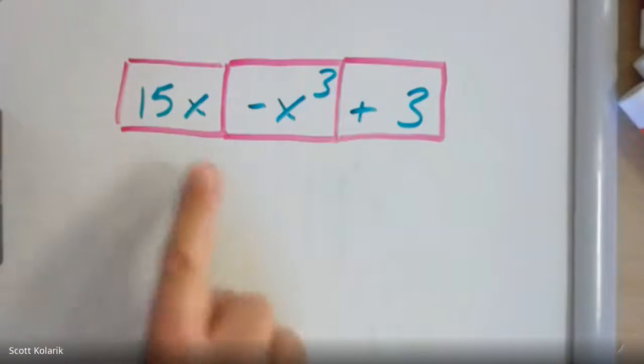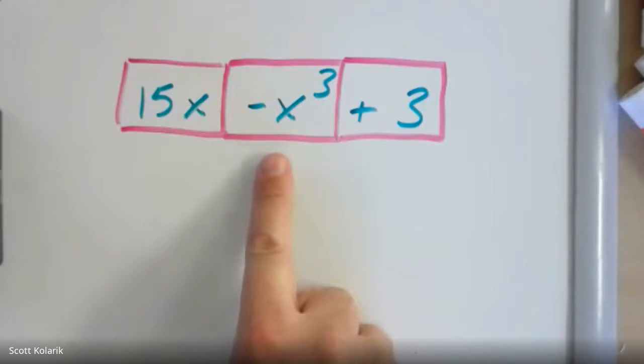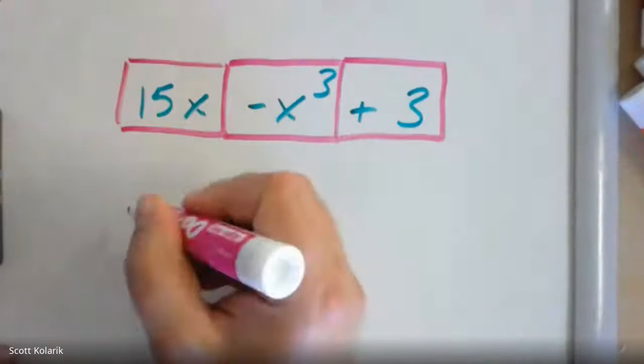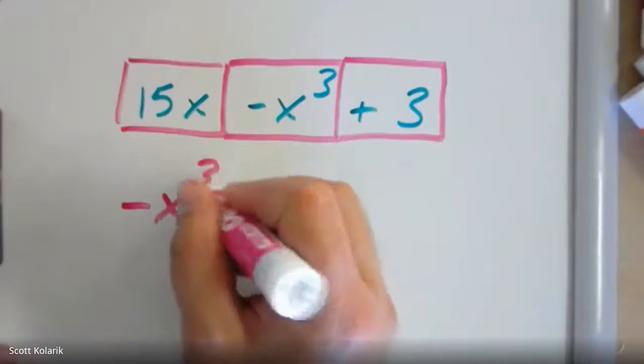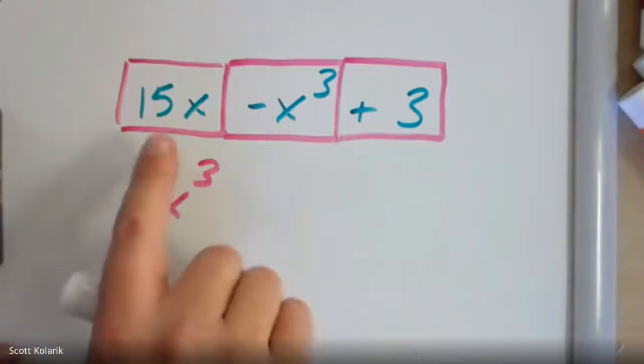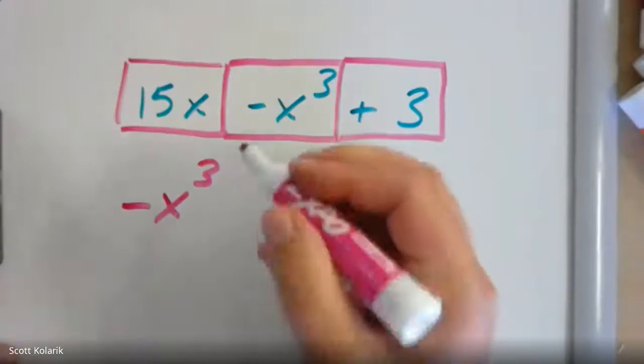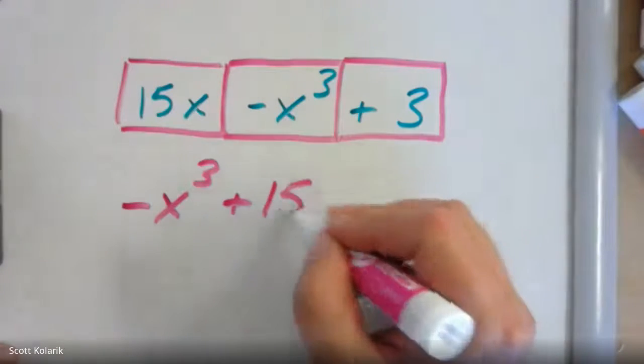And that's important because I can rearrange this into a descending order. Namely, here's my highest degree term. This can go first. So I can rearrange this with a negative x cubed first. Notice that the negative stayed attached to it. Then this 15x would be the next highest degree term. And so I can put this positive 15x next.